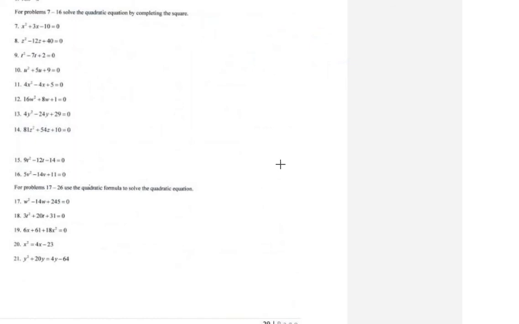If we move to the exercise at the back and we look at some of these questions, then you'll see here, solve by completing the square. So sometimes we ask it directly like that, solve by completing the square. But often it will just be solve for x, and you will realize that you need to complete the square.